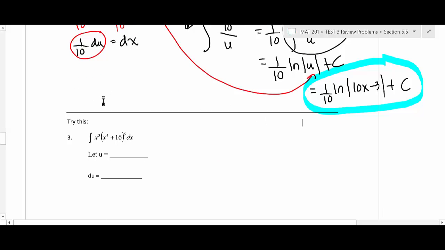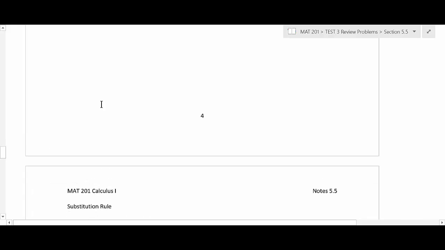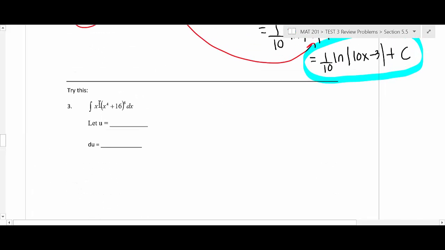All right, so let's see. I'm going to let you guys try this one, and we'll talk about what you think we should let u be equal to. What do you think? x to the 4th plus 16. Okay, let's try it.